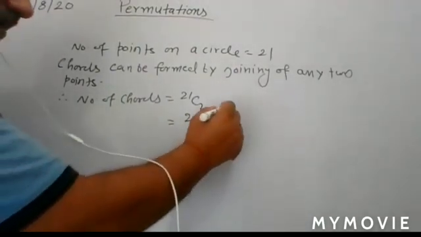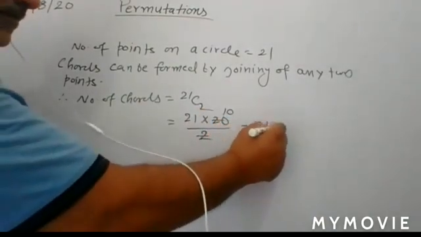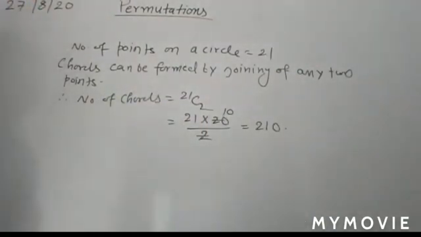So if you cancel it, you have your result 210. So 210 chords are there. Yes. Understand? Okay, note it. 210 chords are there. In the same way, just write the next question, which is also based on geometry.